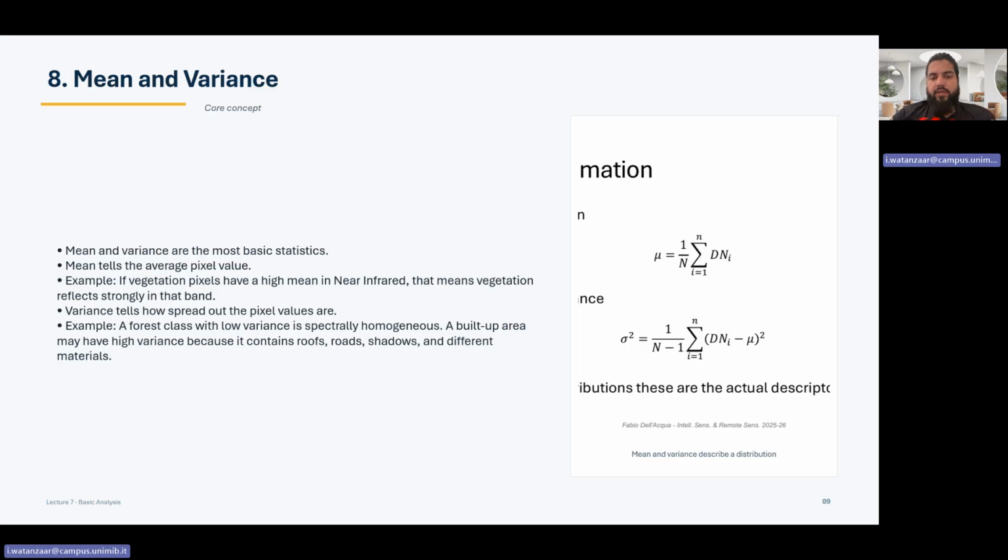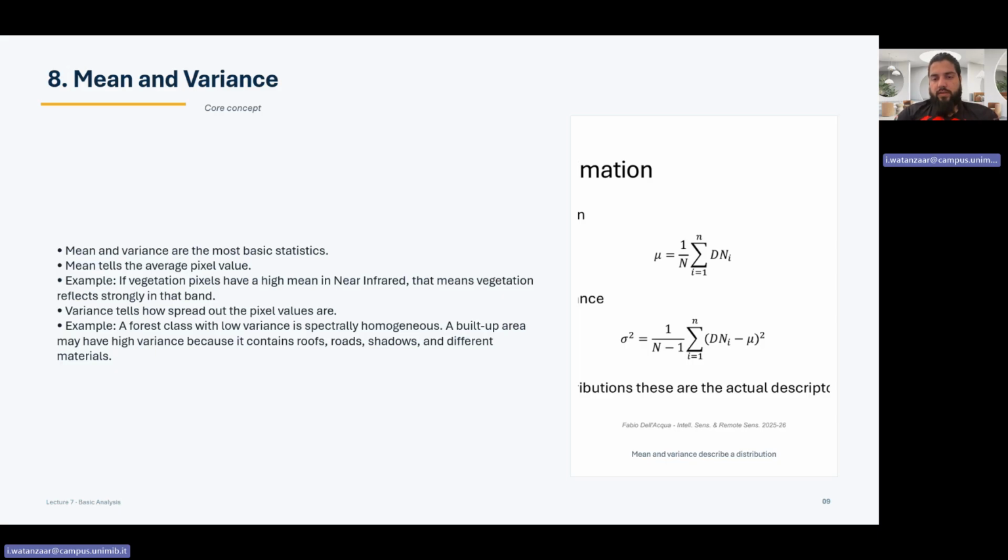For example, a single class like forest with low variance is spectrally homogeneous. It's obvious, because all of the surrounding part of the forest is vegetation. A built-up area may have a high variance. Why does a built-up area have a high variance?